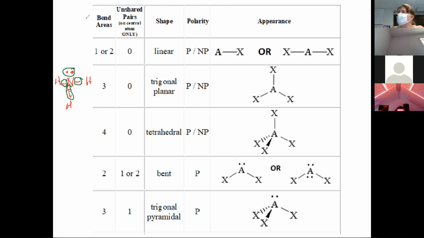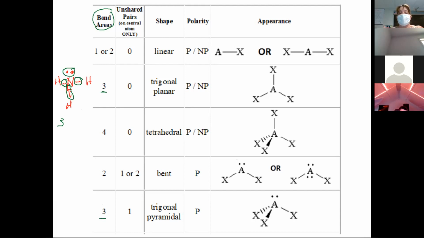So now we start in the first column, bond areas. Here's a bond, here's a bond, here's a bond. That means we have 3 bond areas. So now we go down and we find any 3s. Here's a 3, and here's a 3.